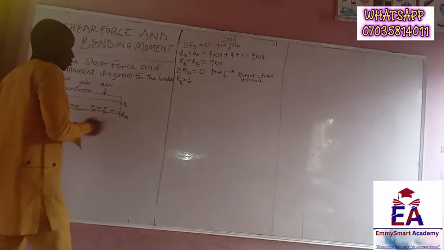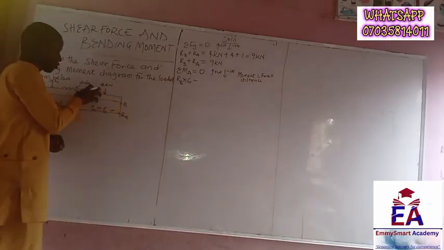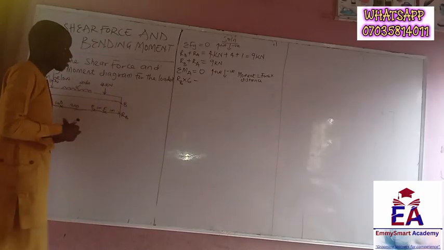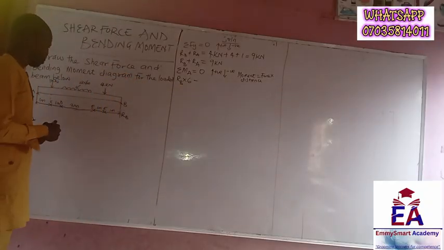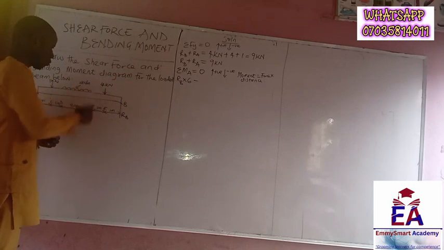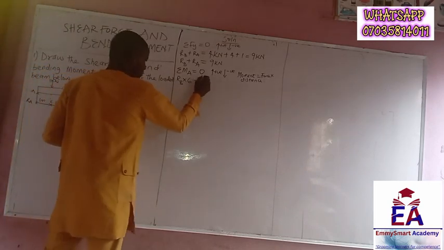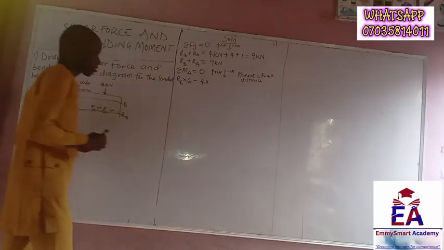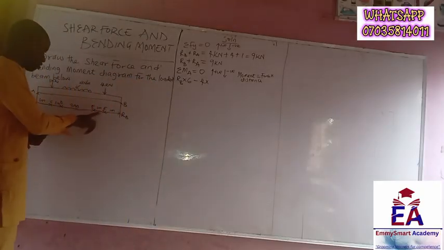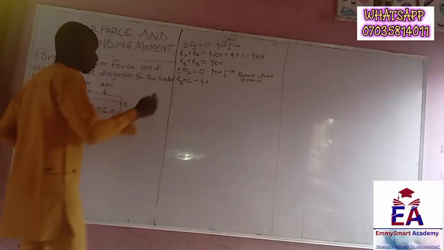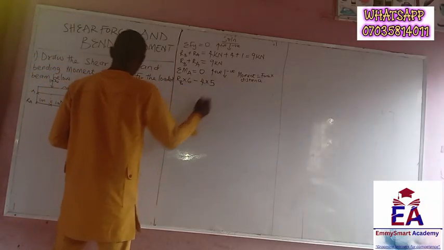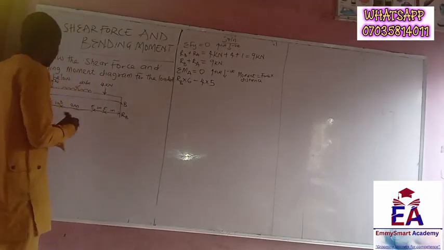Minus, because this is a downward force. Remember, downward force is minus. We have the downward force of 4 kilonewton, times the distance covered from here to here, 1, 2, 3, 4, and then 5. So 4 times 5.